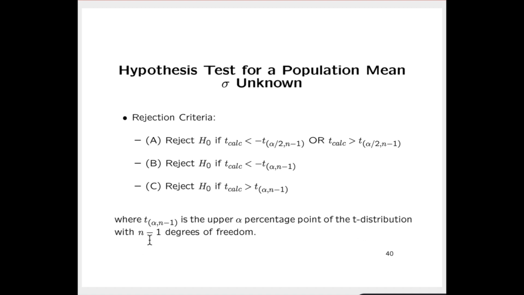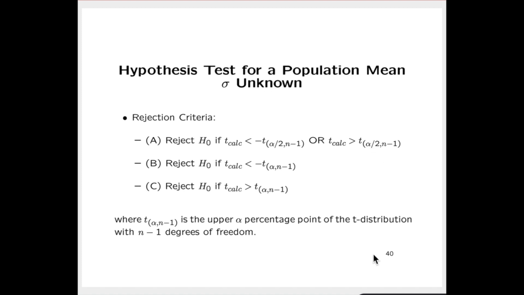So notice that in the subscript here, not only do we have the right tail area, which I'm denoting by alpha here, but we have to specify the number of degrees of freedom because we have to identify the particular t-distribution that we are talking about. Now obviously, if I look up here in the upper critical point for the two-tailed test, hypothesis A, the upper critical point is the upper alpha over 2 percentage point of the t-distribution with n minus 1 degrees of freedom.